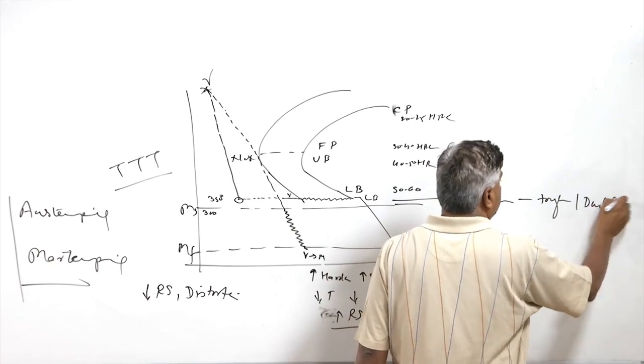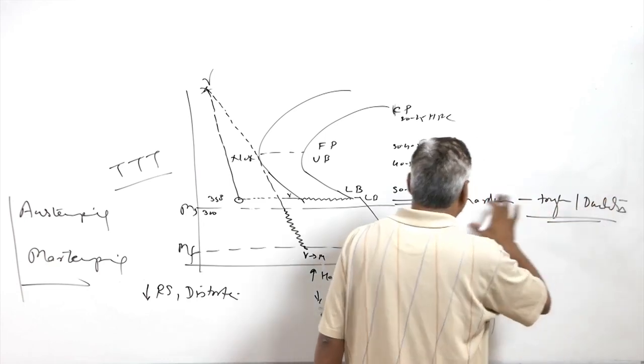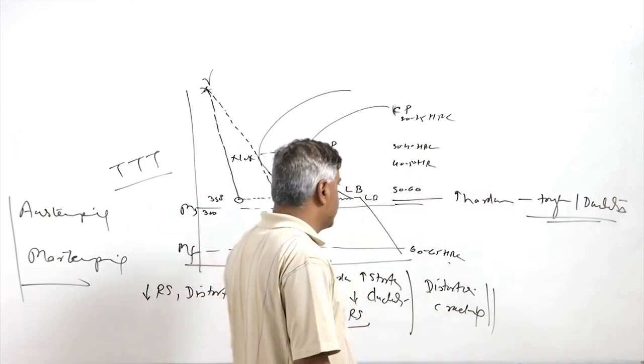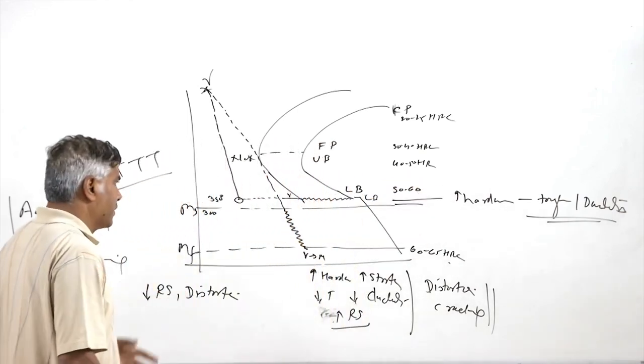So there is no major drop in the toughness and ductility, while the significant increase in hardness is realized through the bainitic transformation.